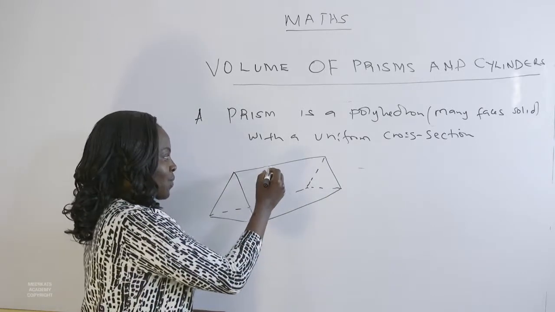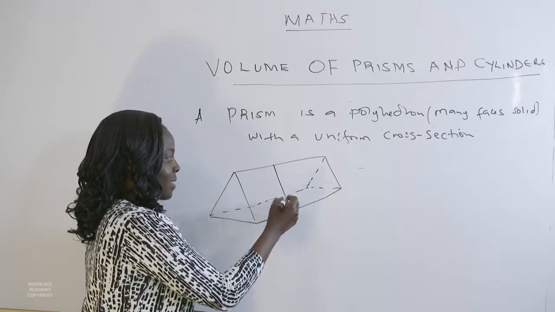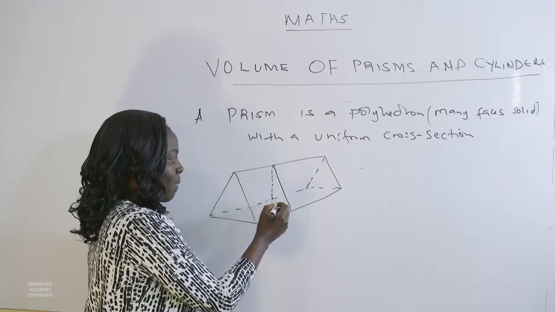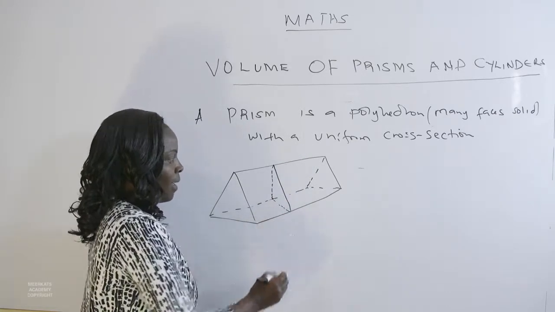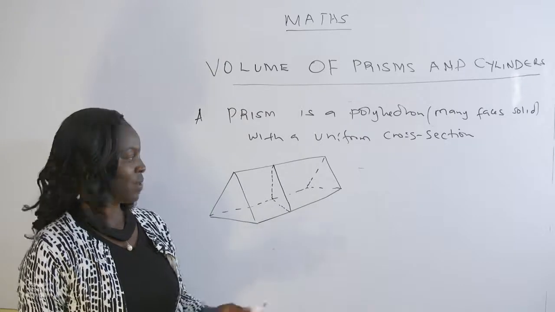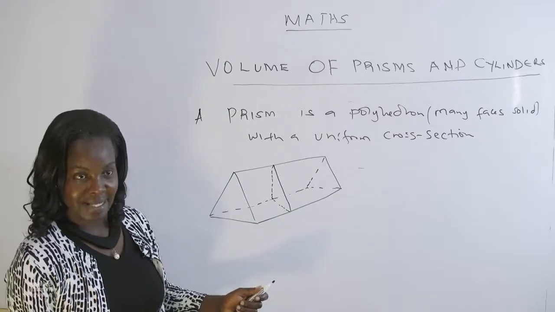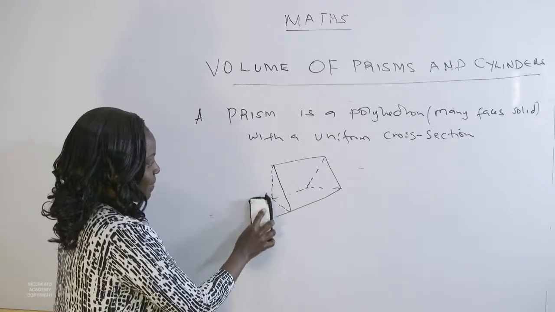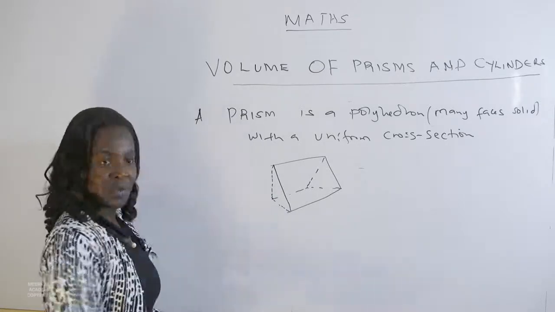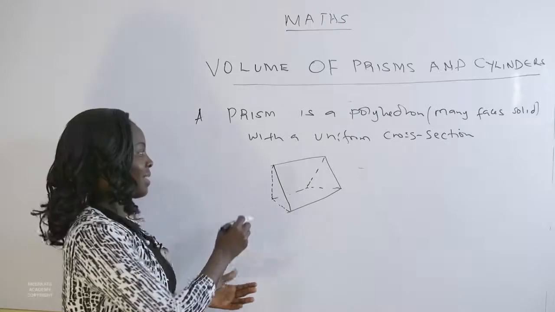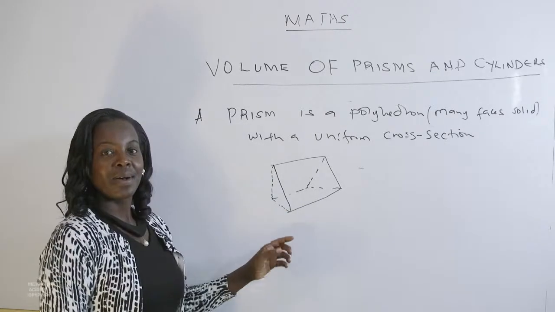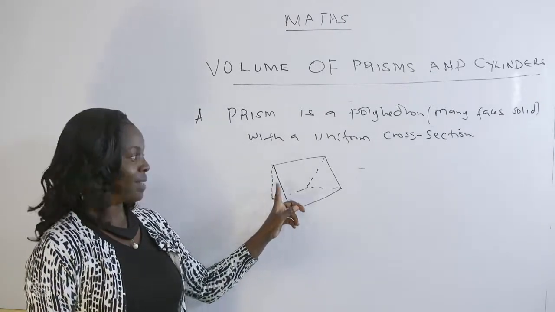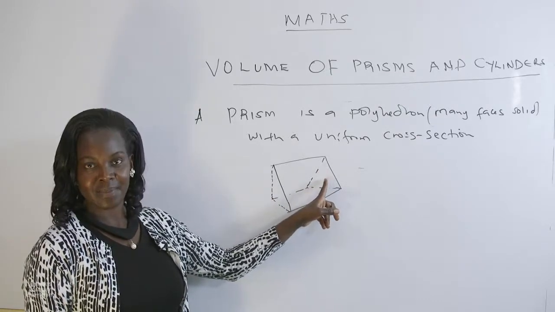When we cut straight through at the middle here, what do we get? Let's remove this part. You realize that we have the same shape and size of a triangle as the ends.